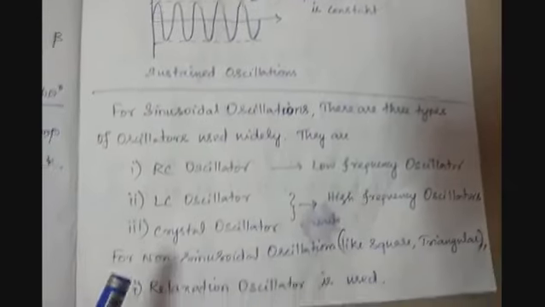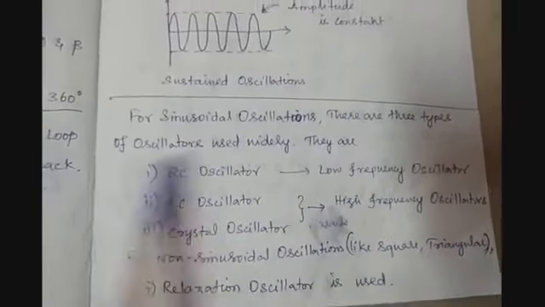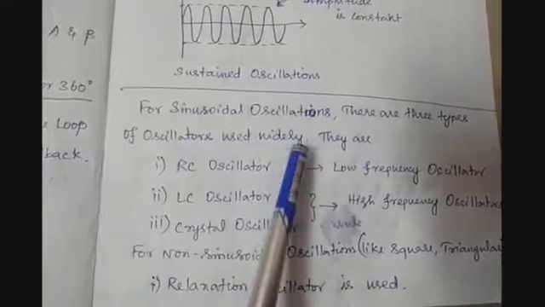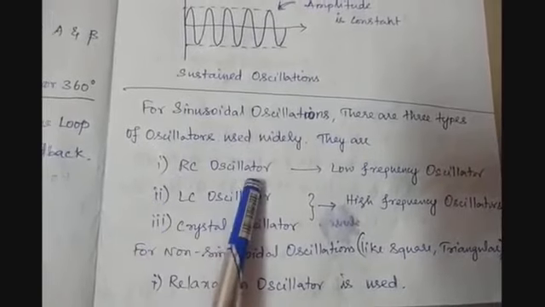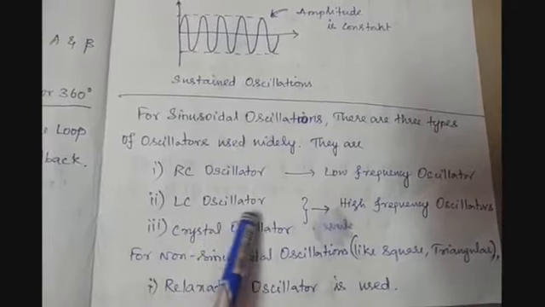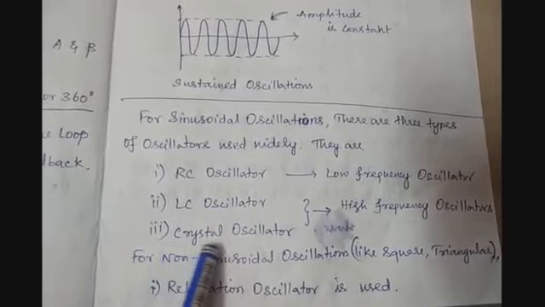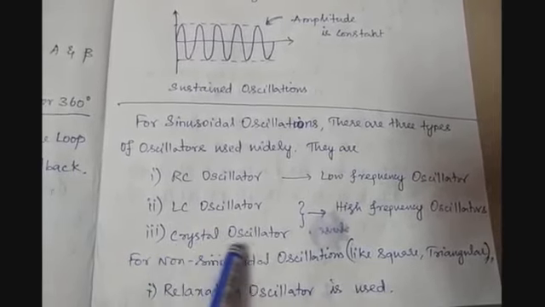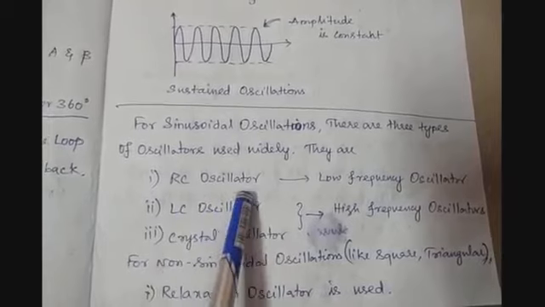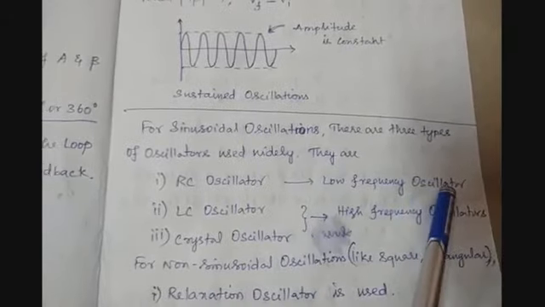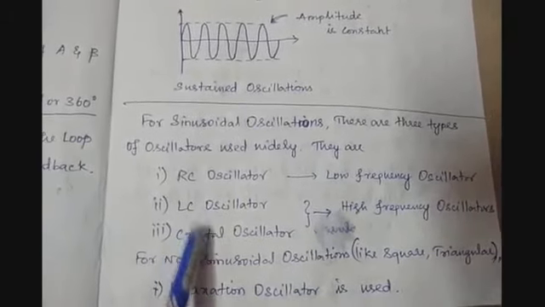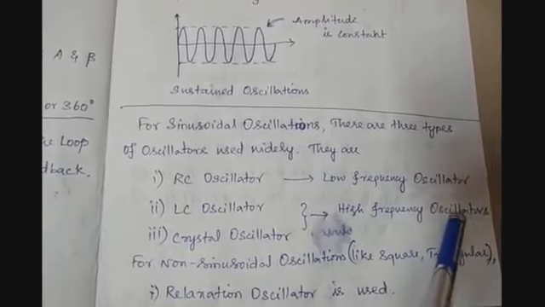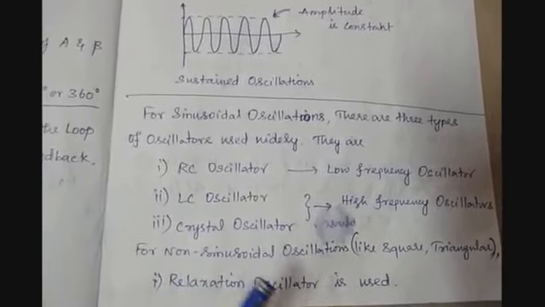For sinusoidal oscillations, there are three types of oscillators widely used. First one is the RC oscillator, next is the LC oscillator, and next is the crystal oscillator, the quartz crystal oscillator. The first one is for low frequency oscillations, and the next two are for high frequency oscillations.